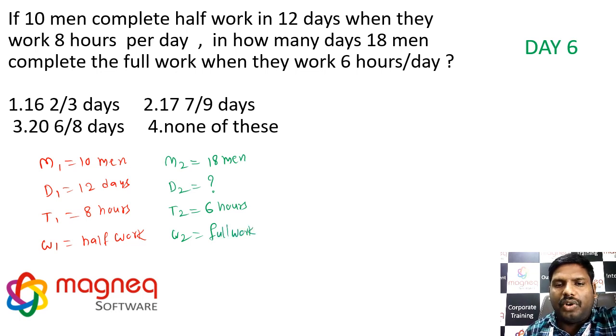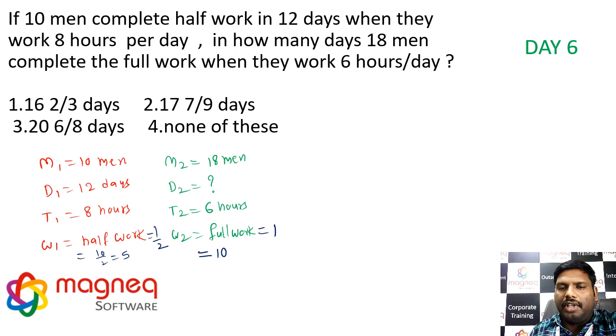Given half work and full work, for example if W2 value is 10, then W1 value is 10 by 2, which means 5. If W2 value is 1, then half work is 1 by 2. For easy calculation, take W2 value as 1 and W1 value as 1 by 2.